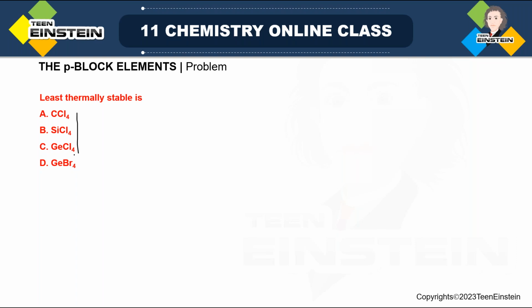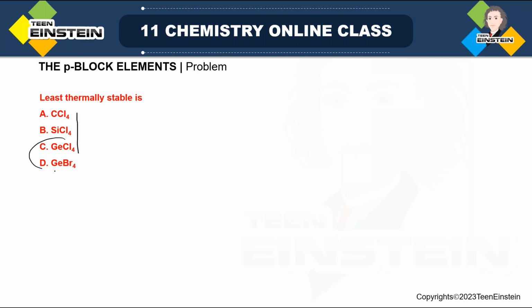When you are comparing, at least one part you have to fix, either fix the central atom or fix the halogen. So here we have fixed the halogen, and now you are moving from carbon to silicon to germanium, and we know when we move down, keeping the halogen fixed, there is decrease in thermal stability. So CCl4 is maximum stable, then SiCl4, then GeCl4.